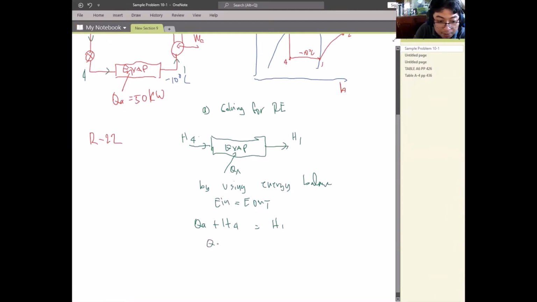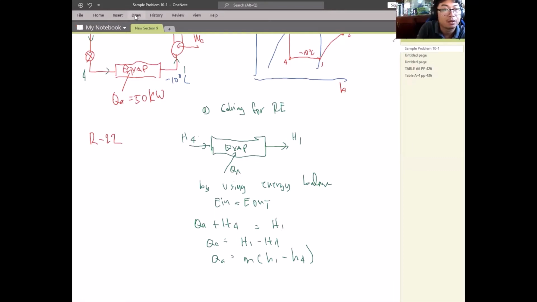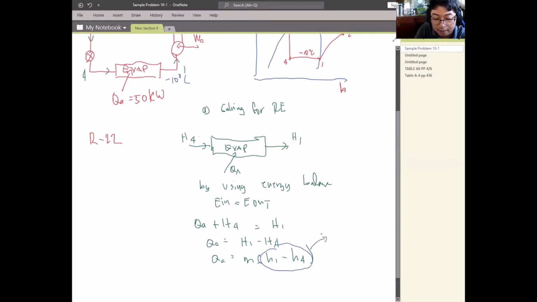Simplifying this, we get H1 minus H4. Since we have the values of specific enthalpy, notice we have H1 and H4 here. This H1 minus H4 will be the refrigerating effect, as we discussed.